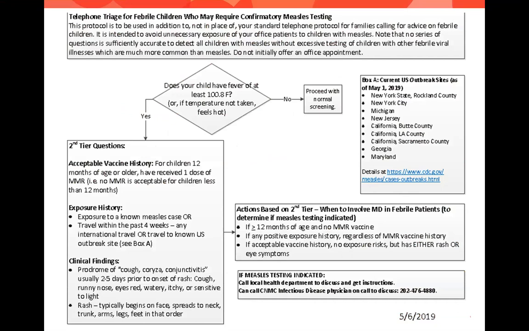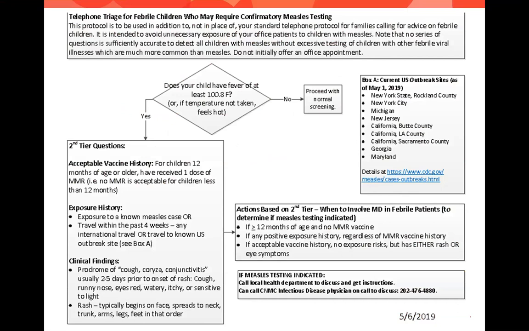Again, it's intended to avoid unnecessary exposure of your office patients to kids that have measles. And it's not perfect. There is no actual tool that really helps us differentiate measles from other infections or other processes, and this is just kind of what we came up with right now for us in the local area.